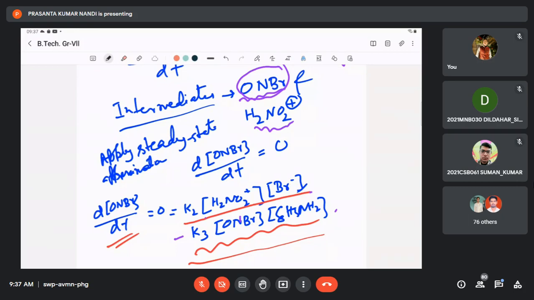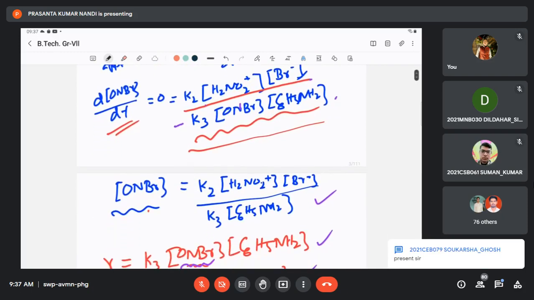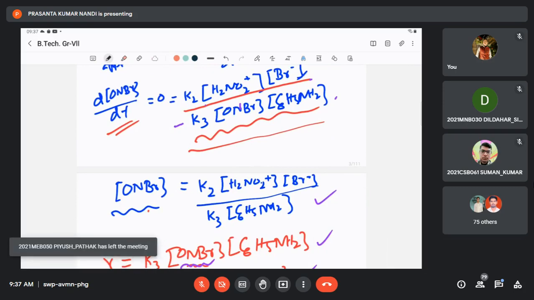That is, the rate of accumulation of an intermediate species is given by the difference of the two rates of the reactions where it is associated. If you solve this equation, we can write the concentration of ONBr like this.